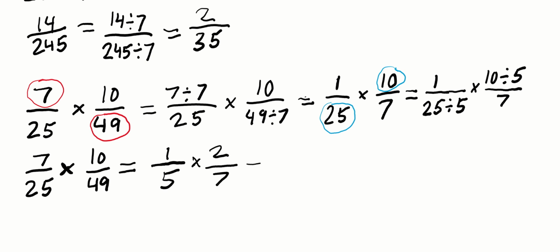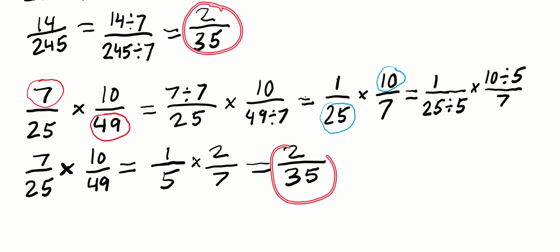If we multiply this through, 1 times 2 is 2, and 5 times 7 is 35, which matches what we found above. We can talk more about how this works in a future video. Let's continue.